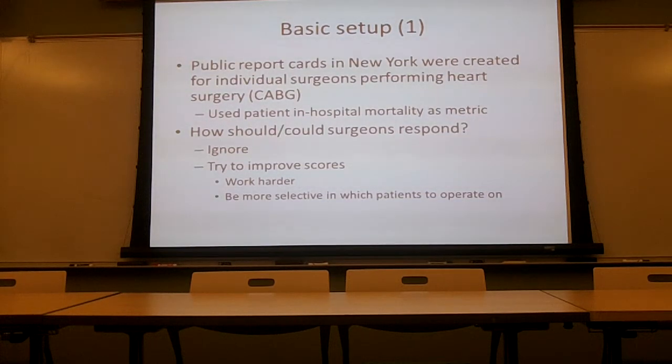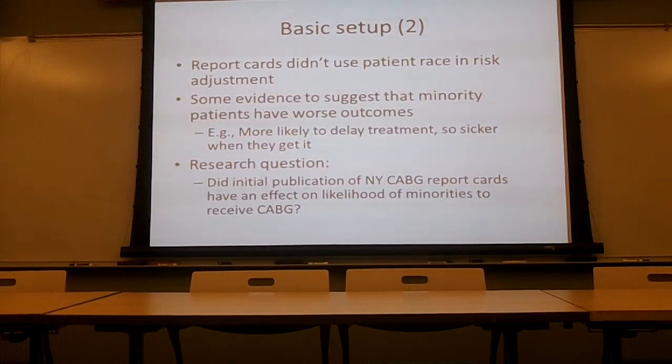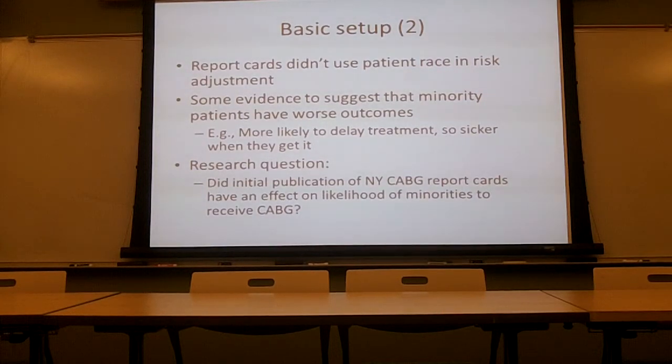And in particular, and this is where it gets interesting, one of the things that the report card did not control for was patient race. There's some evidence to suggest that patient race is predictive of eventual mortality, perhaps because they're more likely to delay treatment, and so they're sicker when they get in, in a way that's not captured in the risk adjustment process.